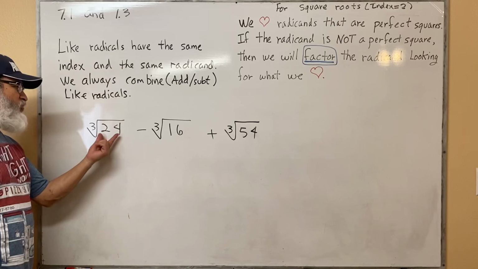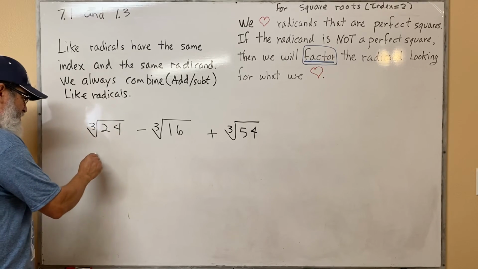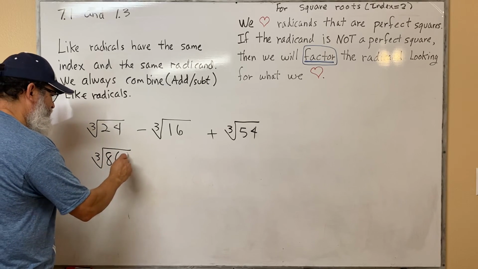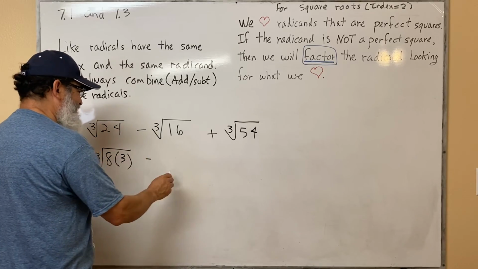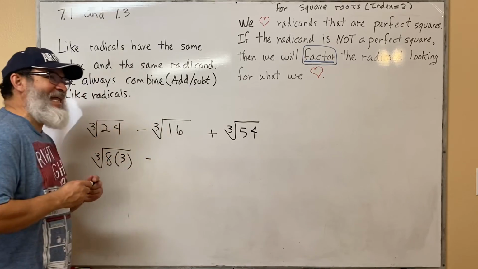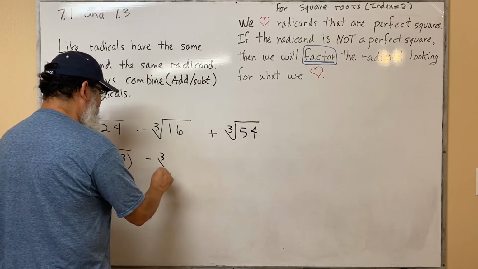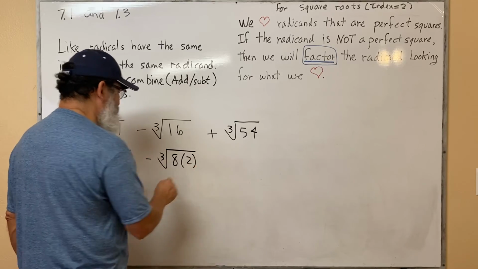What is a factor of 24 that's a perfect cube? So this is the cube root of 8 times 3. That's 24. Minus, what's the cube root of 16? That's a perfect cube. That's the cube root of 8 times 2.